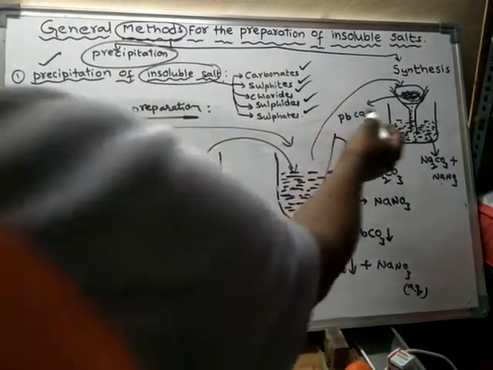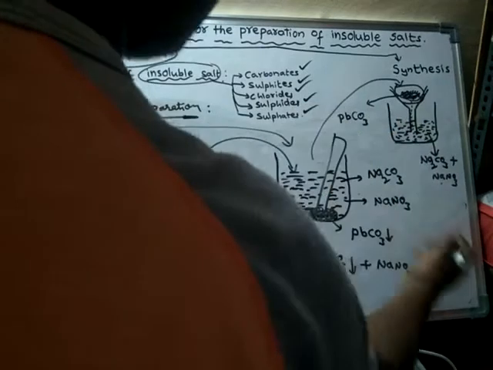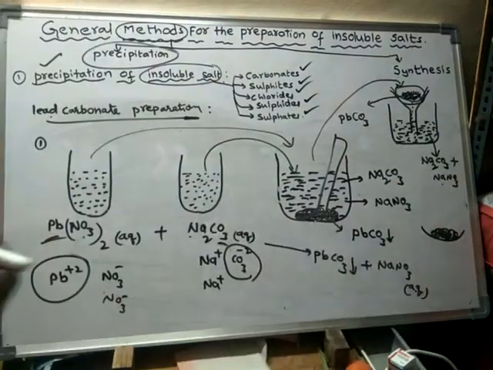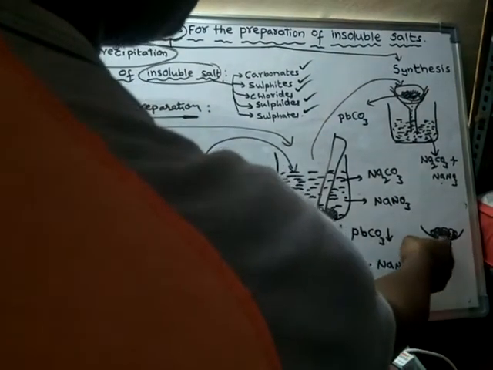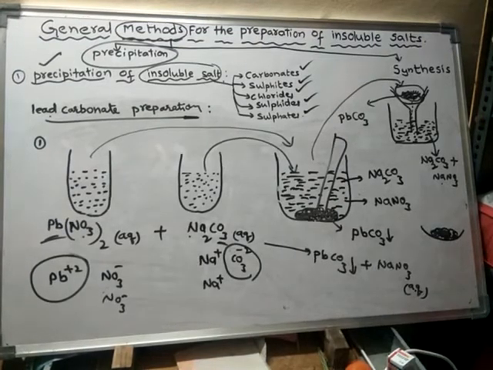Now after this, take out the insoluble lead carbonate and wash these crystals. Wash the insoluble salt crystals with distilled water. Why should we wash?